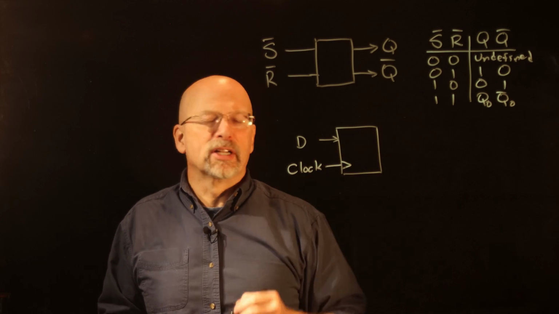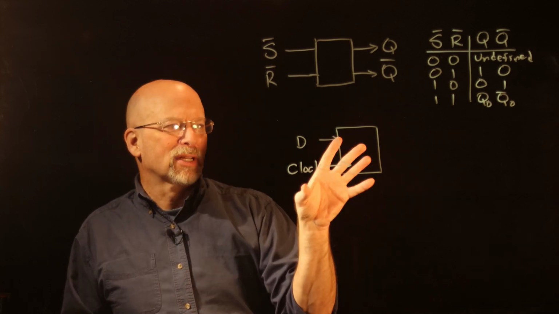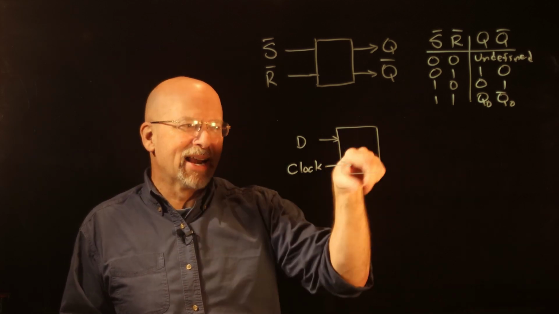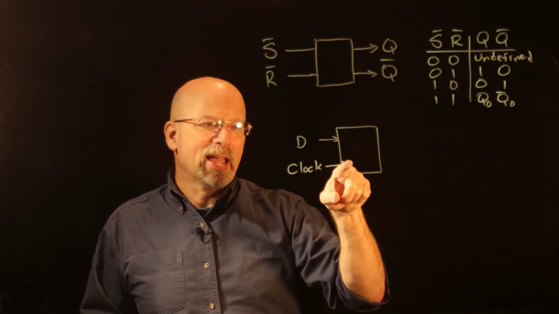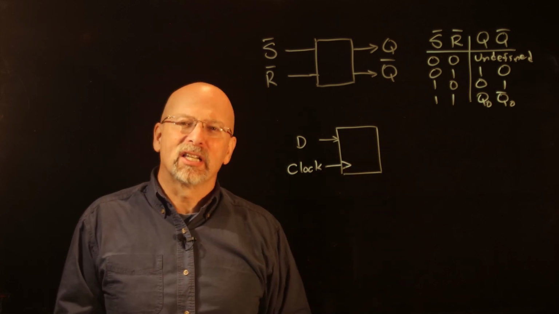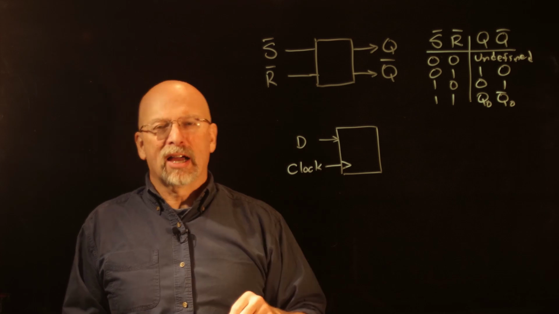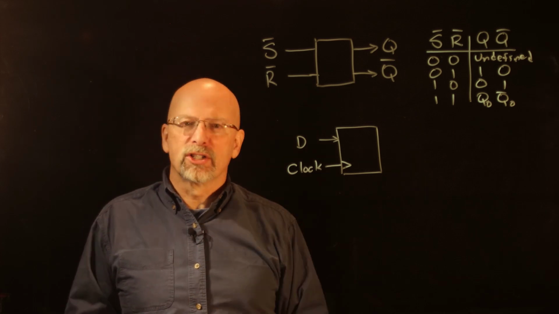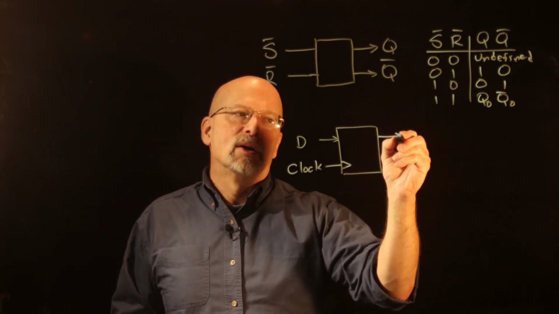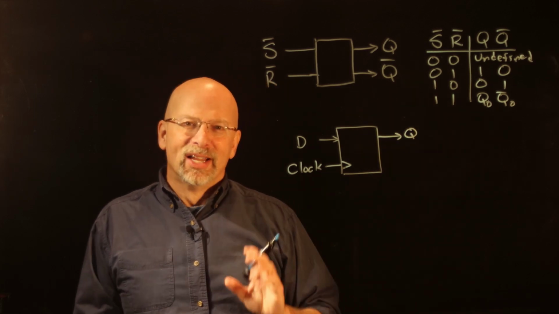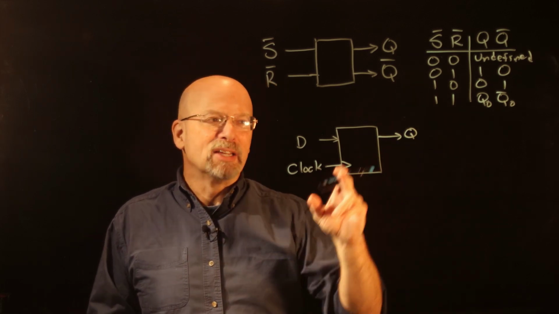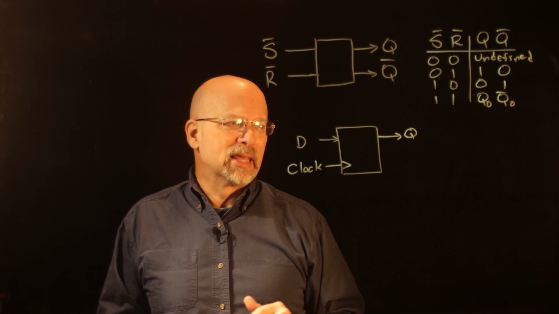Notice this weird little triangle. It looks like a small bird took a bite out of this rectangle. This triangle identifies the clock input. The clock is what's going to trigger the storage of D into, we still have good old Q. Q is where we're going to find what has last been stored in the box.